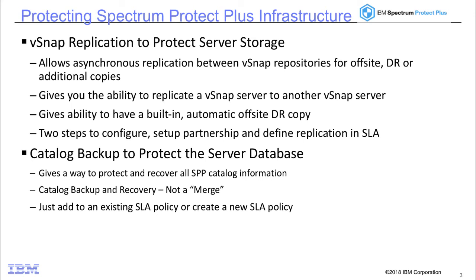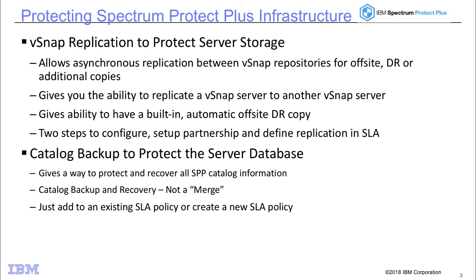So in version 10.1.1, Spectrum Protect Plus allows asynchronous replication between VSnap repositories of the backups of your Hyper-V or VMware infrastructure. So you can do this to have a built-in automatic off-site disaster recovery copy.